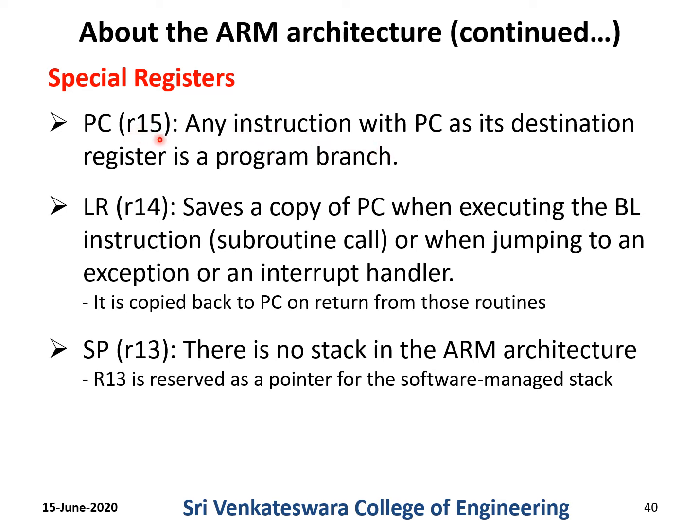So when R15 acts as a destination register, that instruction causes a branch from the main program. Similarly, R14 is used as the link register, and this link register is used whenever there is a subroutine call. The content of the program counter, that is the R15 register, is copied into R14.